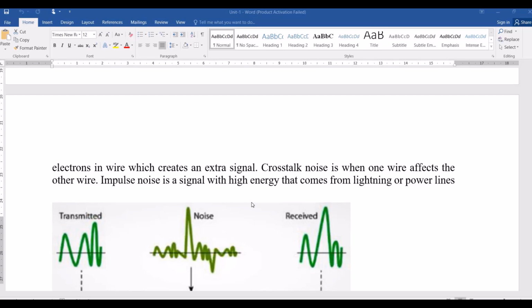Crosstalk noise is when one wire affects another wire. If you lay your network cabling alongside the domestic electrical line, then there's lots of electrons flowing in this domestic electrical line that create crosstalk in our internet network.